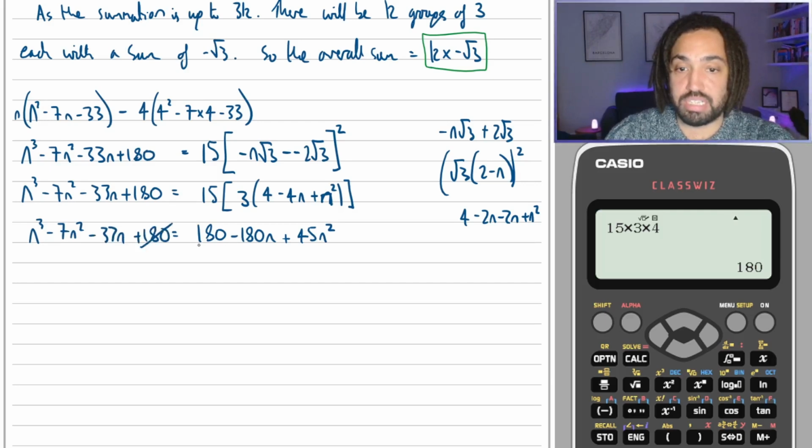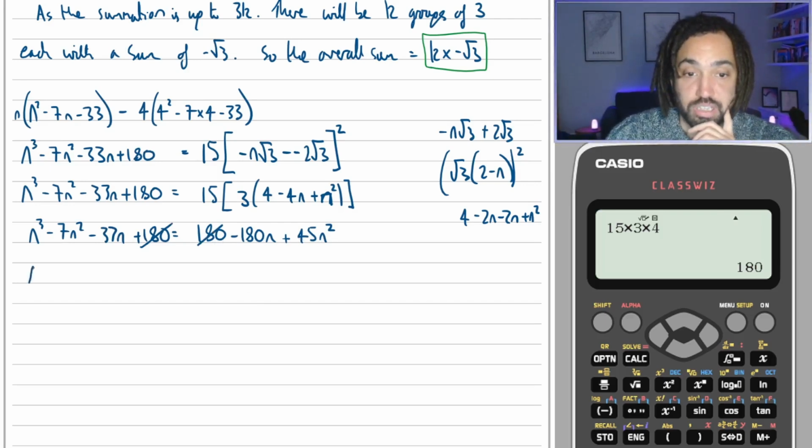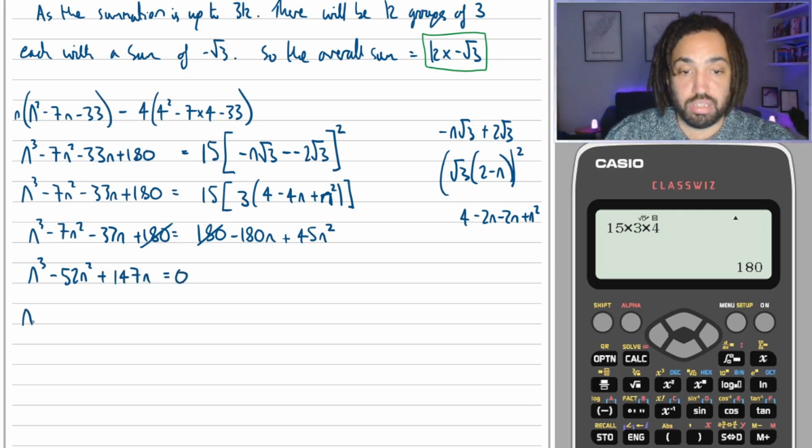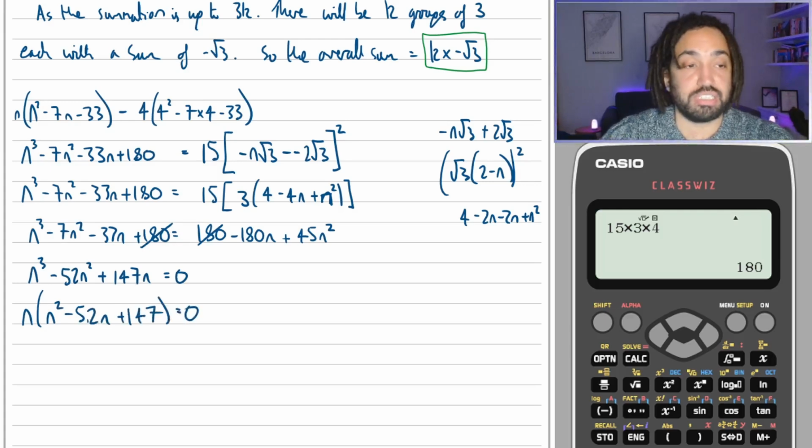Okay, we can cancel the 180s from both sides. I can minus the 45n from both sides, which gives me minus 52n squared. And I can add on the 180, which gives me plus 147n is equal to 0. Okay, I can factorize out an n. And then I need to solve this quadratic.